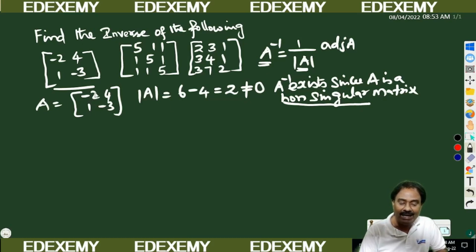Now we have to find the adjoint of A. How to find the adjoint of a 2 by 2 matrix? It is very easy, we have already discussed.